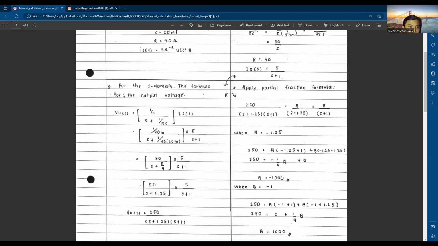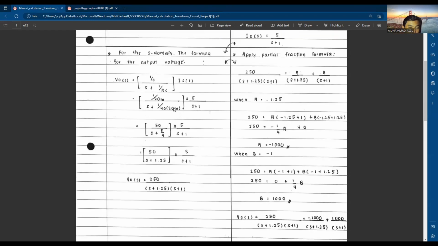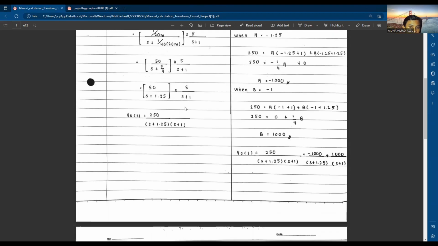Then we can see here for the S domain, the formula for the output voltage is 1 over C divided by S plus 1 over RC, multiplied by I in frequency domain. Then we put 1 over 20 milli, the value of C, divided by S plus 1 over 40, the value of the resistor R, multiplied by 20 milli, and multiplied by 5 over S plus 1, which is the value of I in frequency domain.